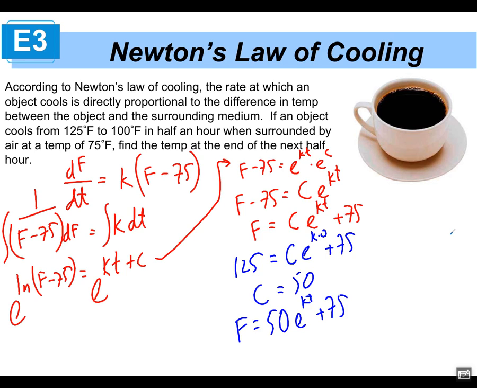We're going to stay in hours here, so you use 0.5 or 1/2 for t. So we would do 100 equals 50 e to the 0.5k plus 75. Wait, 0.5k. You're right. That's easily fixed, thank you.